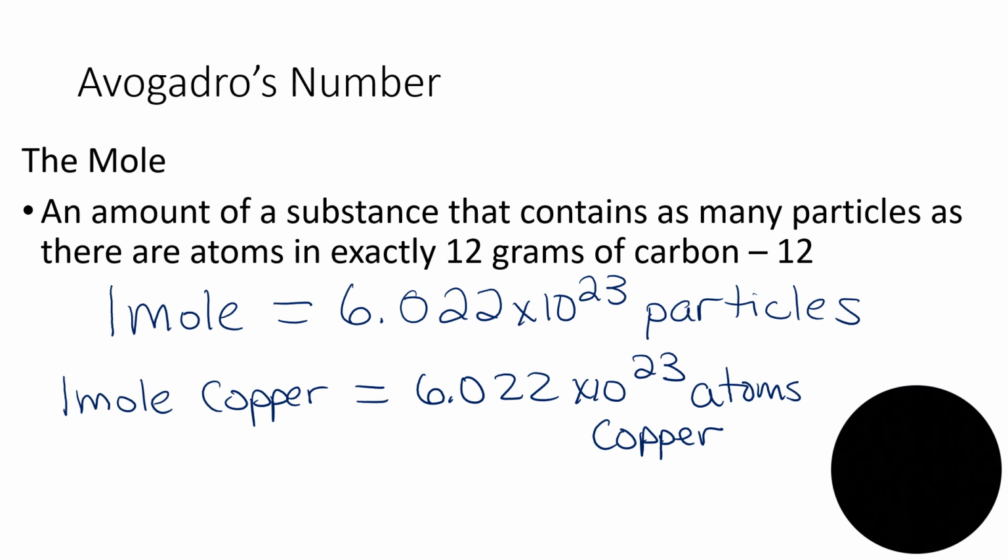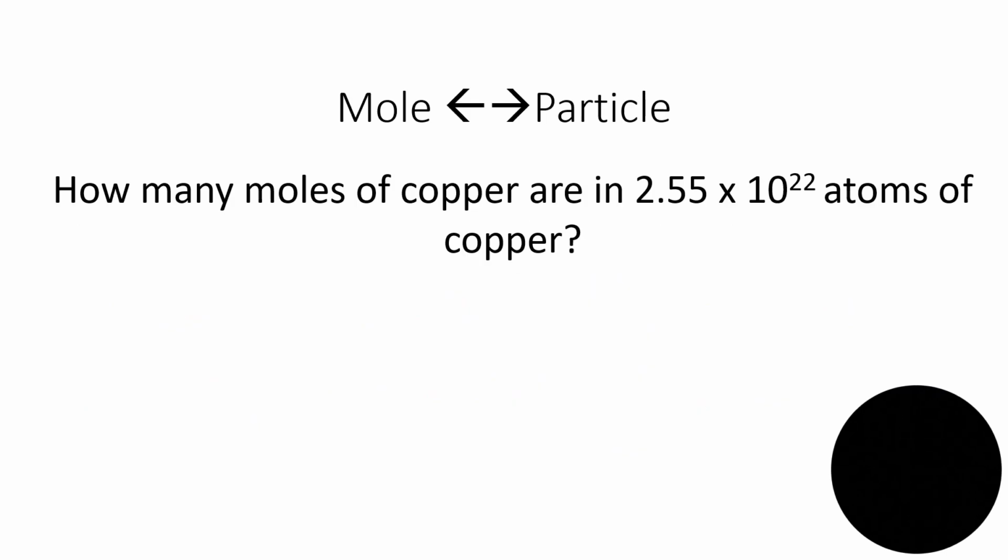So we can use Avogadro's number, the mole, to do conversions. In our phenomena, we want to end up with how many atoms of copper are produced and how many atoms of iron are used up.